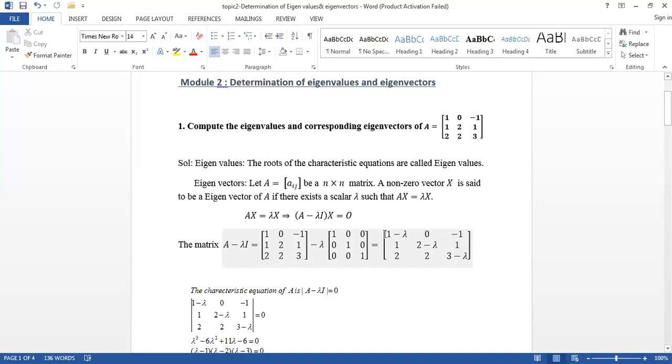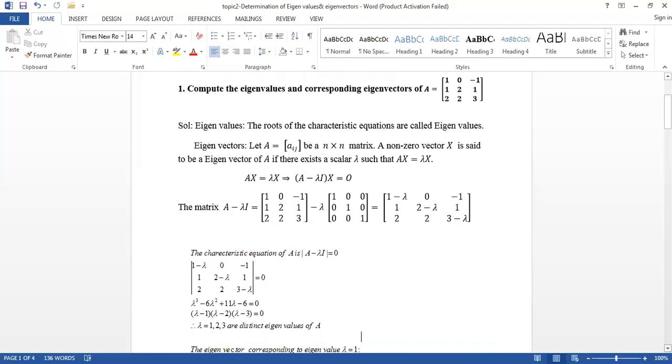Subtracting these two matrices, the resultant matrix is [1 minus lambda, 0, -1; 1, 2 minus lambda, 1; 2, 2, 3 minus lambda]. So now I am writing the characteristic equation of A, that is determinant of A minus lambda I equals 0.